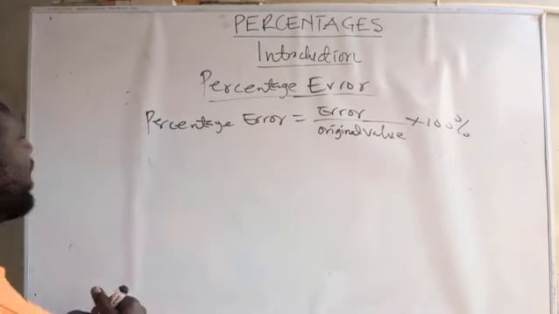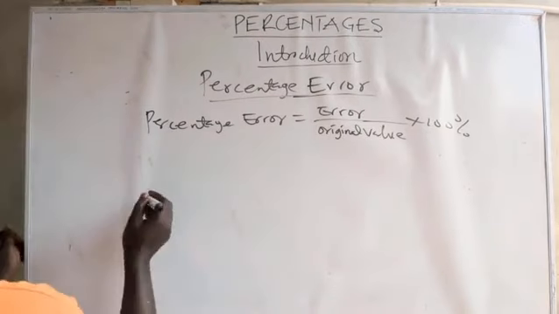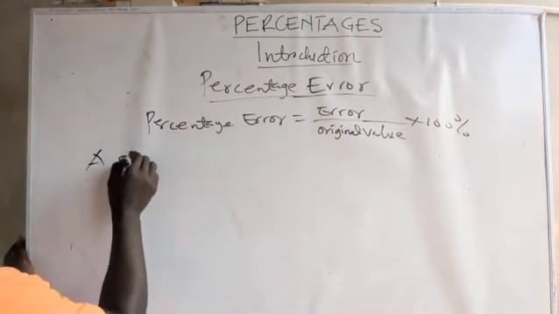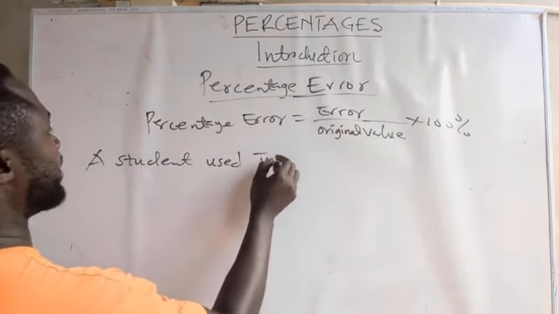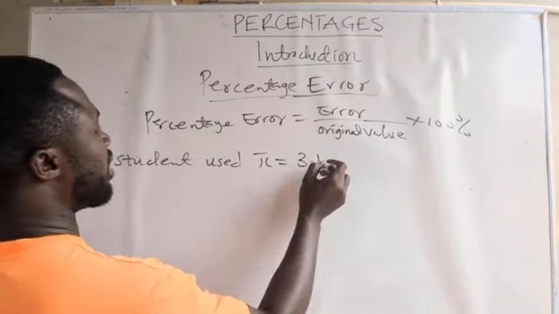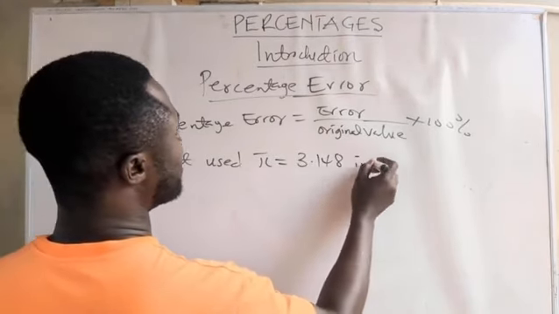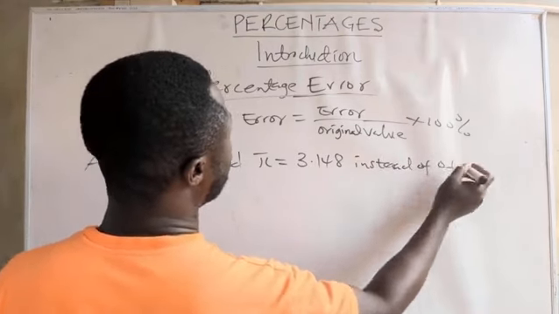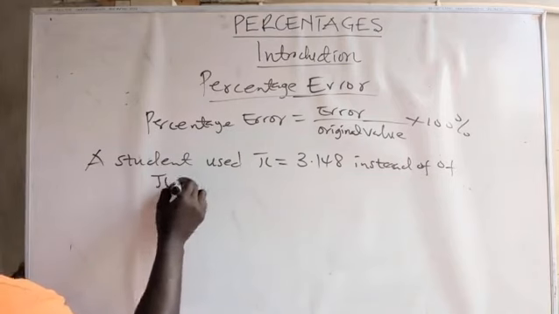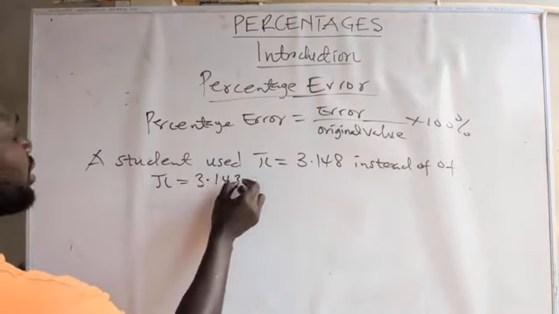So let's look at this particular question. A student used pi as 3.148 instead of pi equal to 3.143.